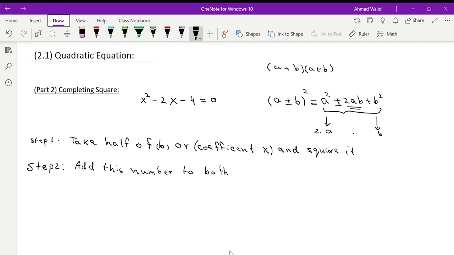But if you do it only on a trinomial, it's not an equation, so you add the number and subtract the number. Maybe some professors go this way, but because here we are discussing quadratic equations, and I have two sides of the equation, I will say add this number to both sides of the equation. These are the steps. I don't want to write a lot of steps. I'll show you how you can do this.